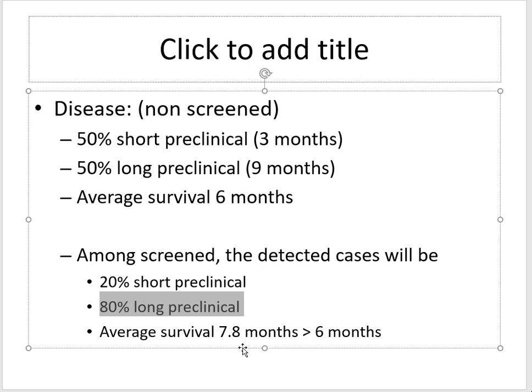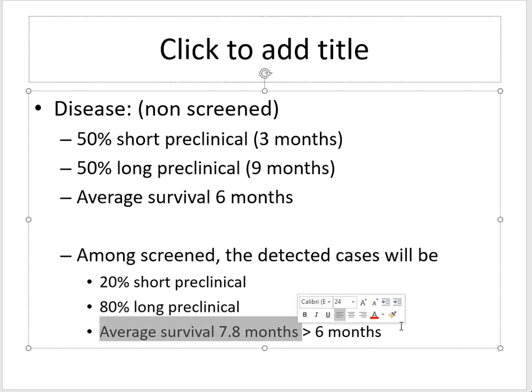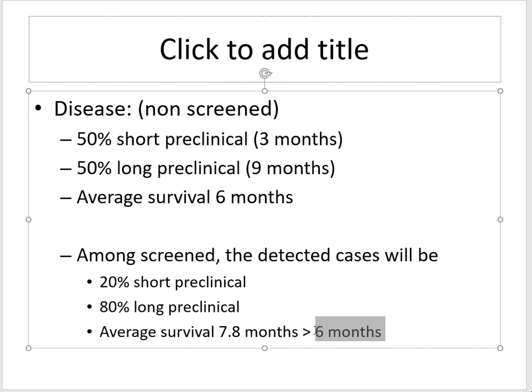And since instead of 50-50 you're getting 80-20, and since the survival for those that are long preclinical is longer than the short, you end up with an average survival of 6.8 months, which is larger than 6 months, and therefore you end up concluding that the screening prolongs the survival, which is not true. It's just a length bias.